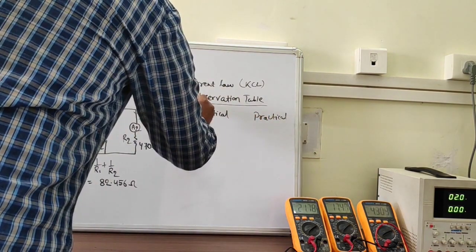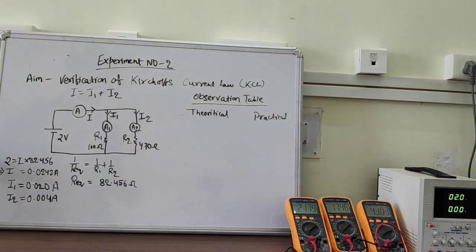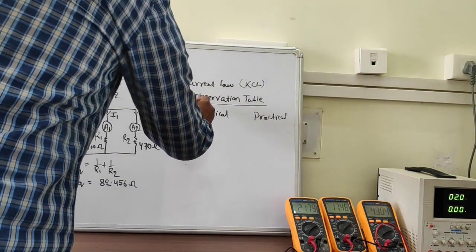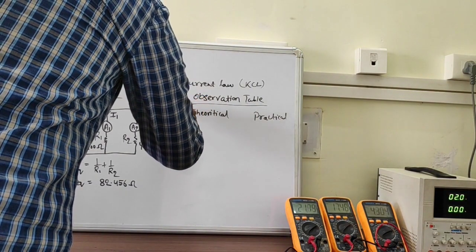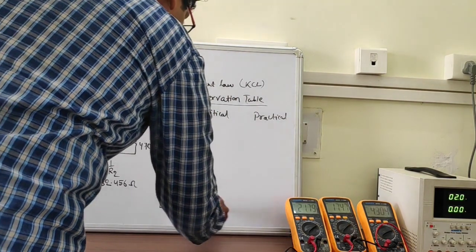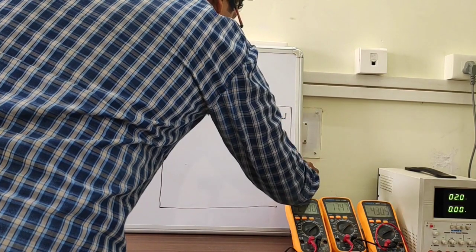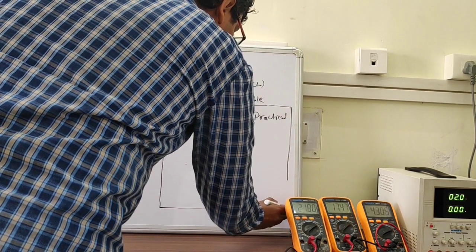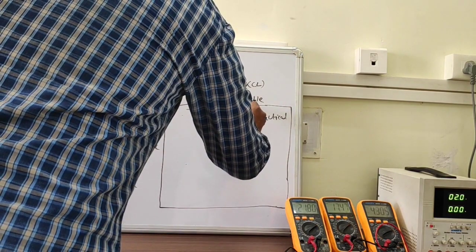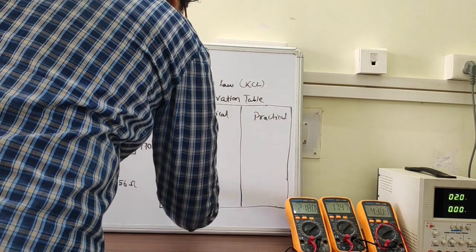The theoretical values are the ones I have got by using the formulas, and the practical values are the ones I have got by doing the experiment. So here I am going to draw a table, with the theoretical and practical values.